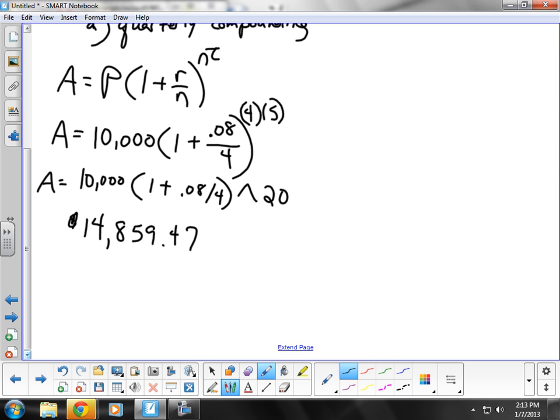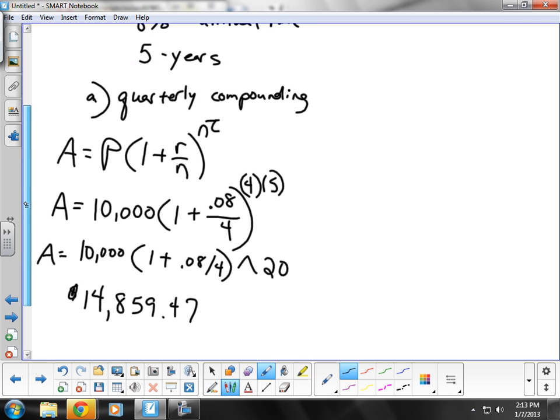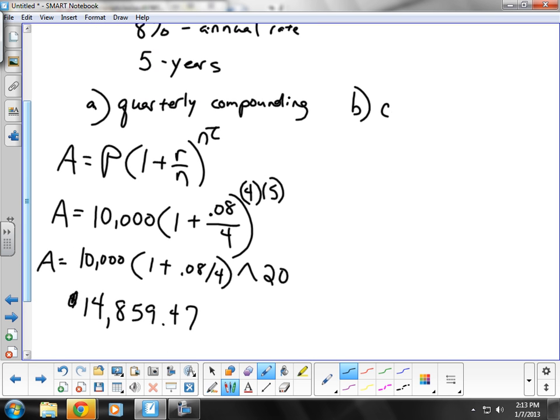And then part B of this says, okay, well, what if we compounded it continuously for those 5 years? So if I'm compounding continuously, this is the one, Alexis, where I use this other formula. Or if it has any kind of compounding, if it says monthly, weekly, she's hungry, she's eating a quarter pounder.